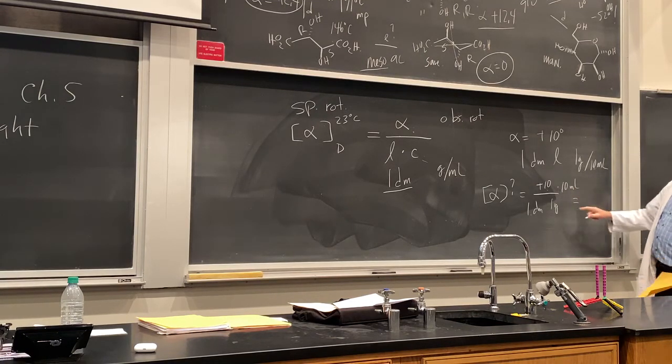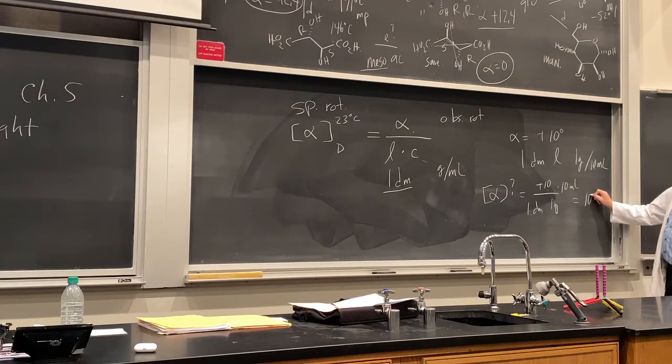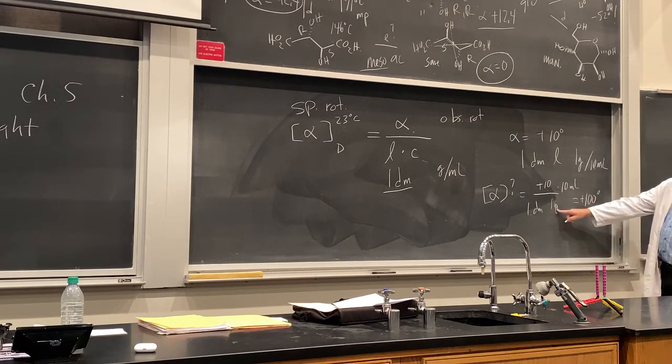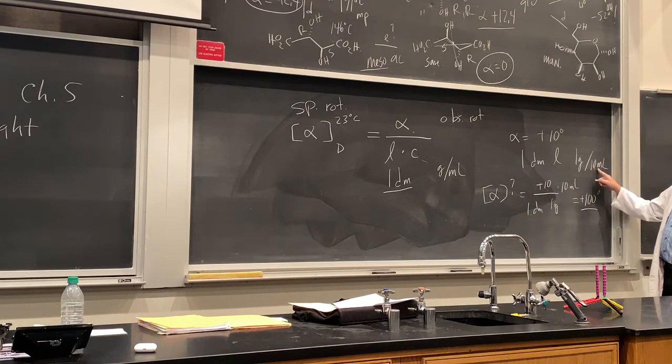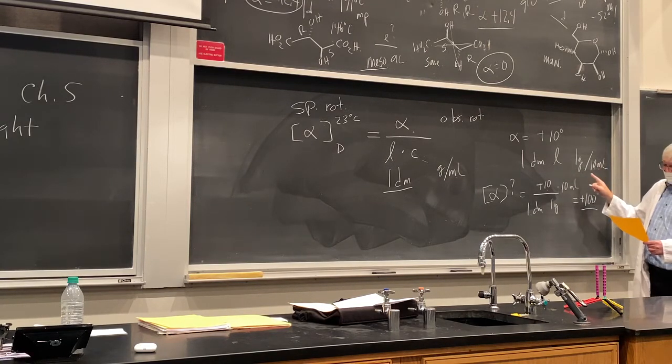And so what's the specific rotation in this case? It'd be 100. Okay. Yeah, we could have said 0.1 here, 0.1 grams per 100 mils, and that's what the thing is here, grams per milliliter.